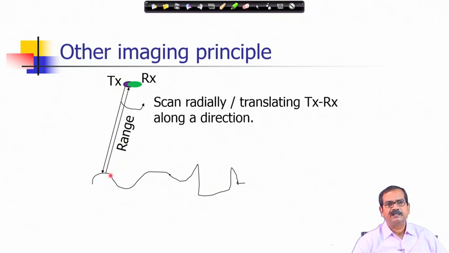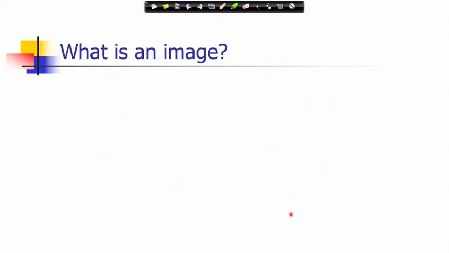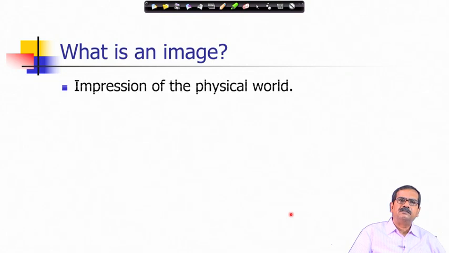Not only that, the amount of reflection you get from the surface would also determine the orientation and surface property of this particular material. One example is echocardiograms, where acoustic waves, ultrasound waves, are used. So, if I summarize, how do I define an image?